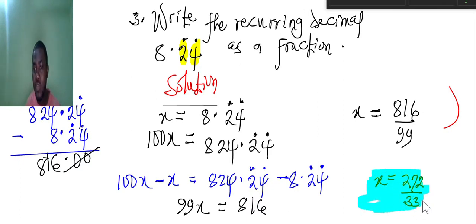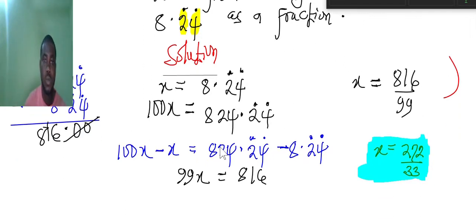Okay, that's that. Let's move further to a question that looks tougher than this. Just 2 more questions, then we're done with conversions of recurring decimals to fraction. I guess this should be our question 4.